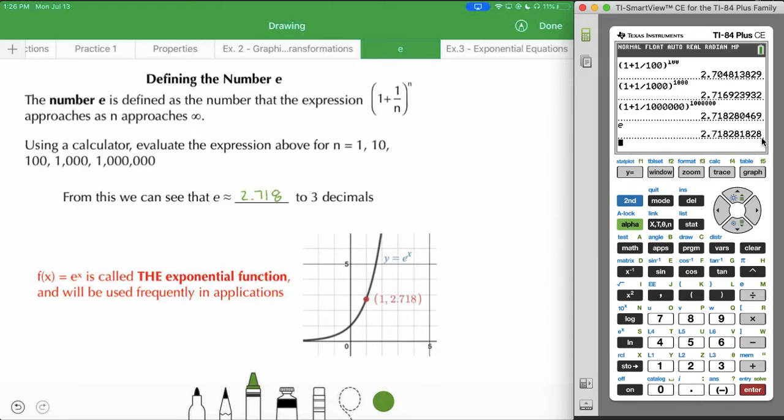Okay. Now we're of course in the section on exponential functions, right? So if I make e the base of an exponential function, to where f of x is equal to e to the power of x, this is considered the exponential function.